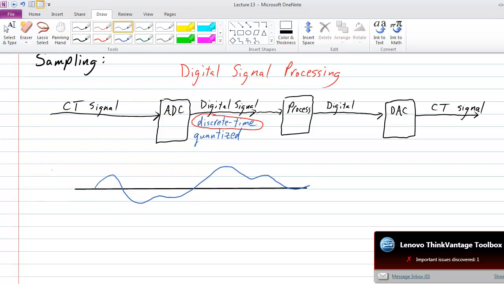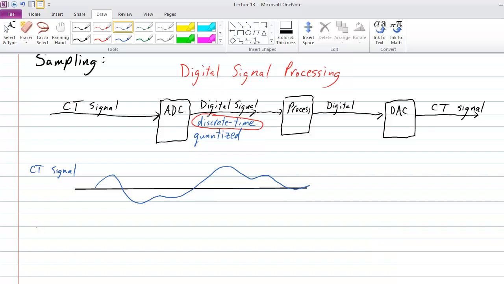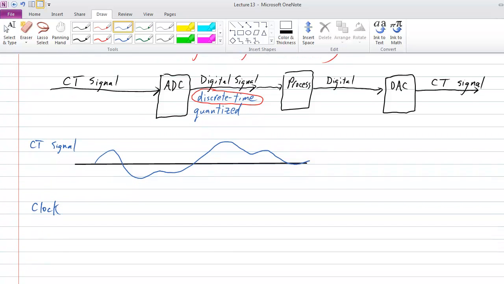So this is your continuous time signal, and you have some sort of clock in your system that just consists of some square wave, that's just going like this. Actually, I'll say 0 to 1 values.